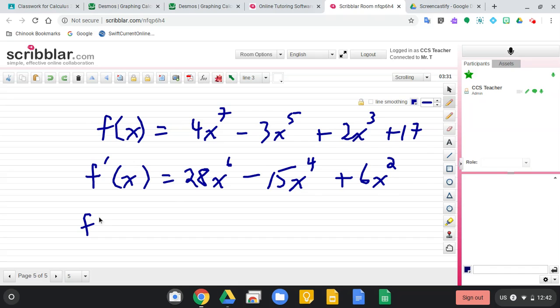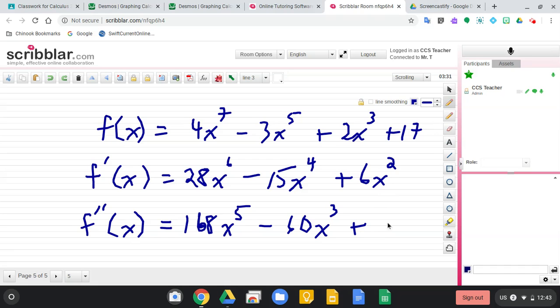Now, I could take the second derivative, f double prime of x, by just applying the power rule again. So 6 times 28, I would pick numbers that are large. 6 times 8 is 48, carry the 4, 12 and 4, that's 168x to the power 5 minus 4 times 15 would be 60x cubed, and 2 times 6, this would be 12x.